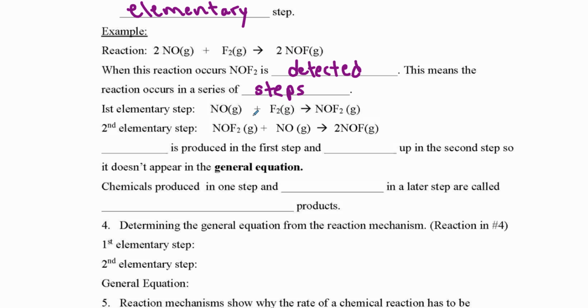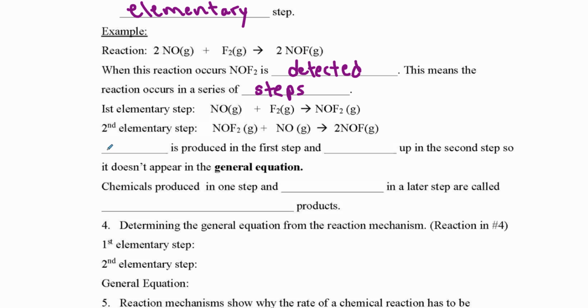So these are your steps. First step is the nitrogen monoxide. So your 2 reactants are added together. And then you can see that this is where the intermediate product shows up. So it shows up as a product here. And then you can see in the very next step, it is a reactant that gets consumed in order to produce the final product.